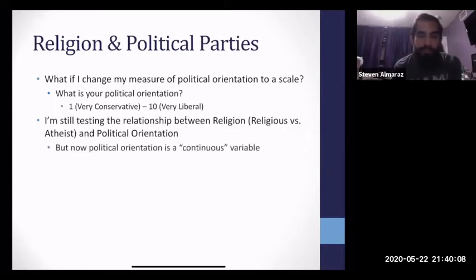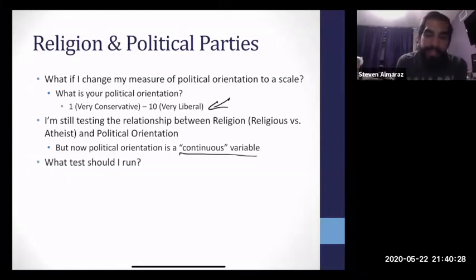Now, political orientation is a continuous variable. It's not perfectly continuous, but it's pretty close. We usually consider these scale type variables continuous, even though technically they don't quite count. So in this case, we've got a continuous variable and a categorical variable, religion. So what kind of test should I run in this case?